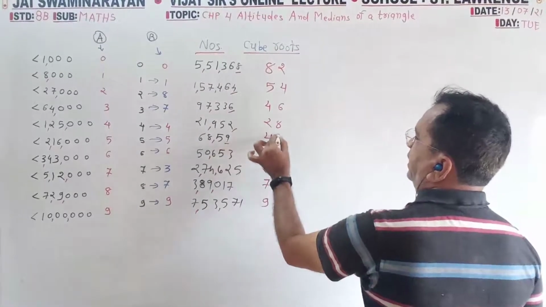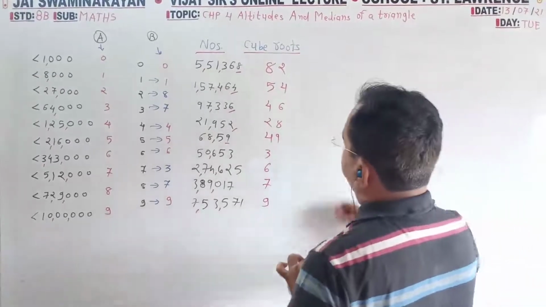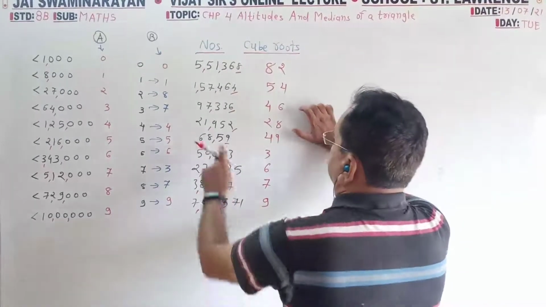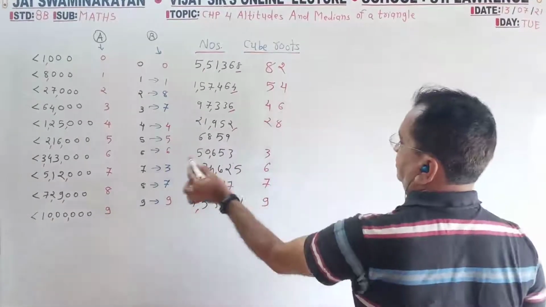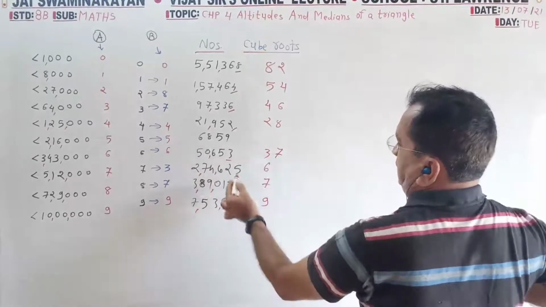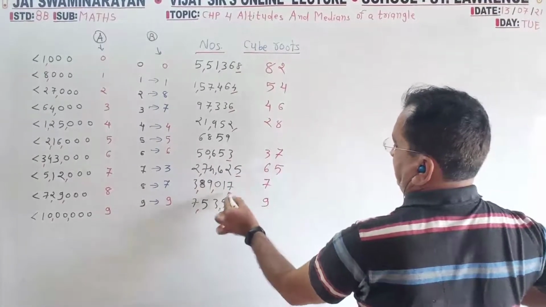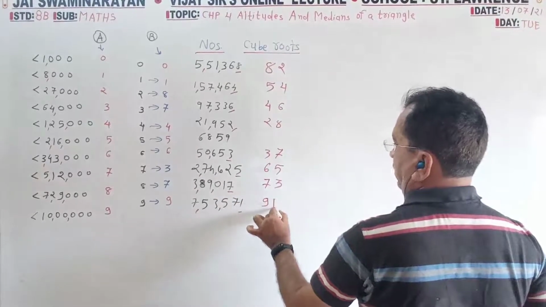For 9 you will write 9. Something wrong. For 3 you have to write 7. For 5 you have to write 5. For 7 you have to write 3. For 1 you will write 1.